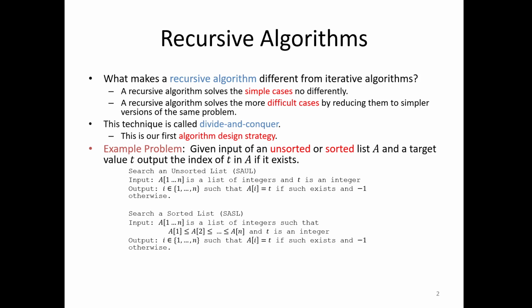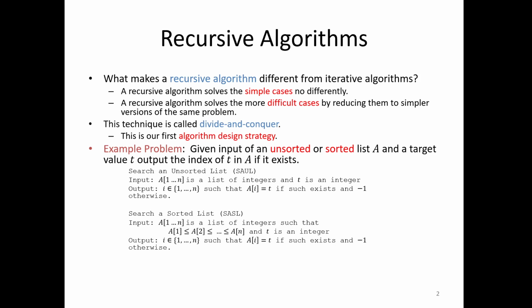We don't want that little minus 1 showing up in our math here and there, so we've decided to change our indices. Of course, we could have redefined this using 0 and n minus 1 and nothing would have changed. It would be functionally the same problem, assuming we change the output to match.